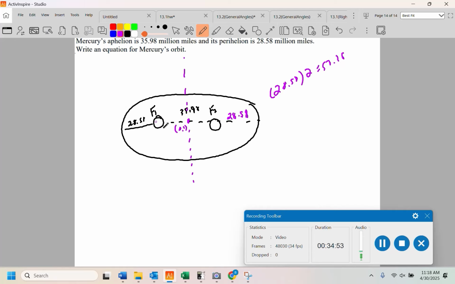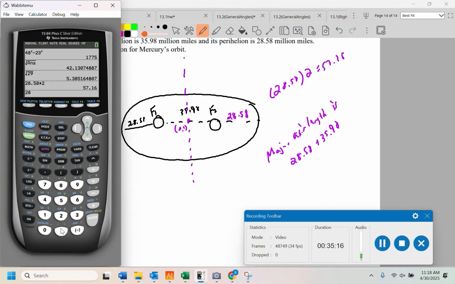What I'm wanting to figure out is how far apart these foci are from the center. I know the major axis length is 28.58 plus 35.98. Let's see what that yields me. I've actually never taught this particular lesson out of this book. 64.56.